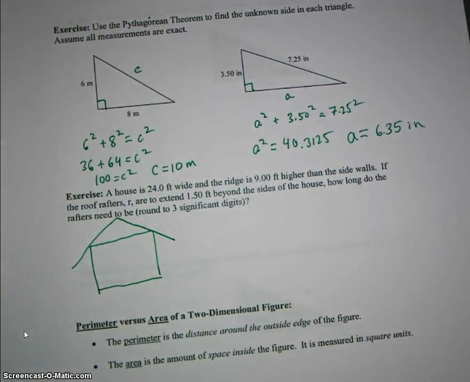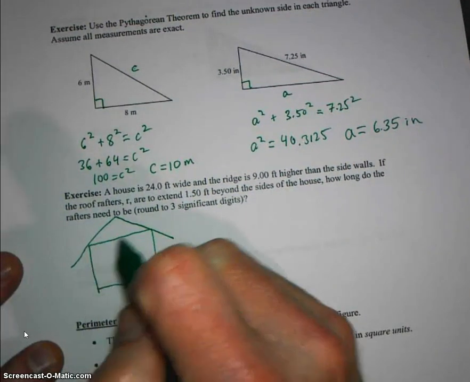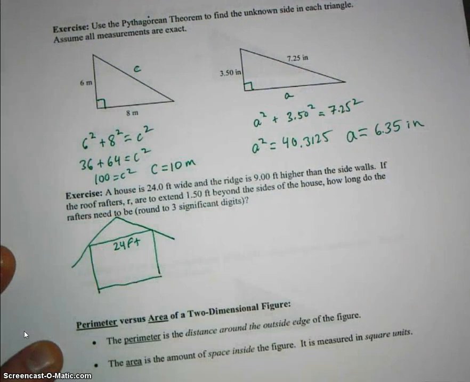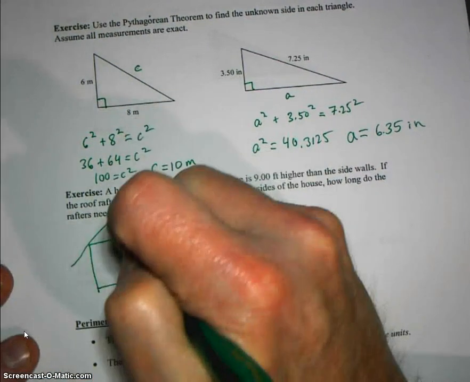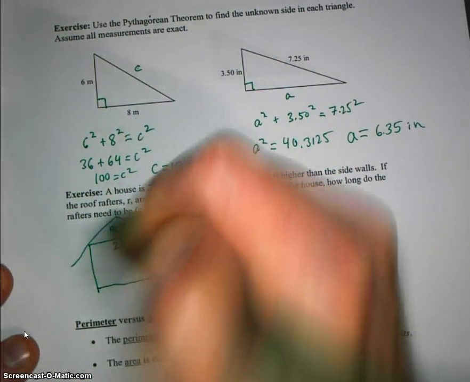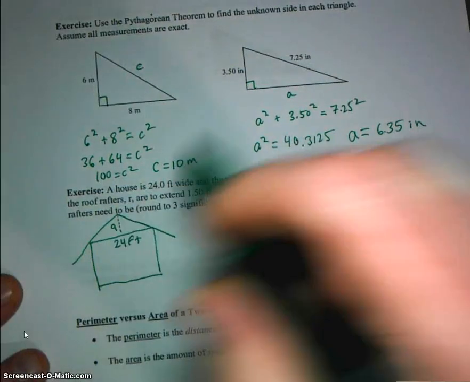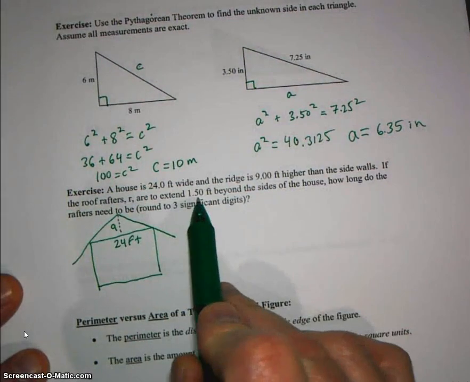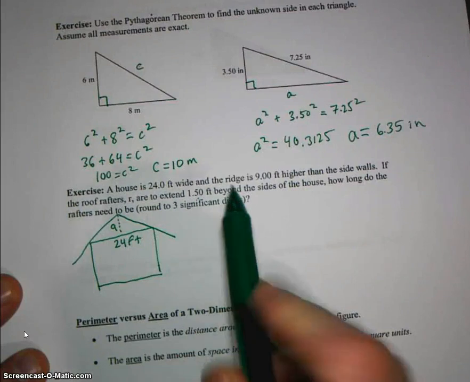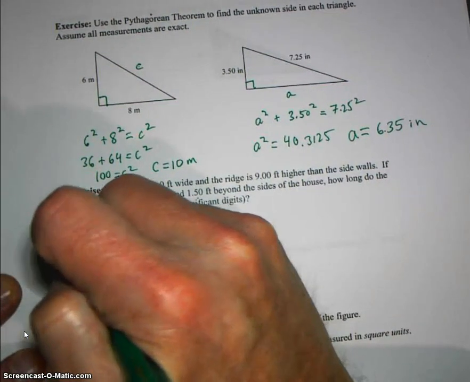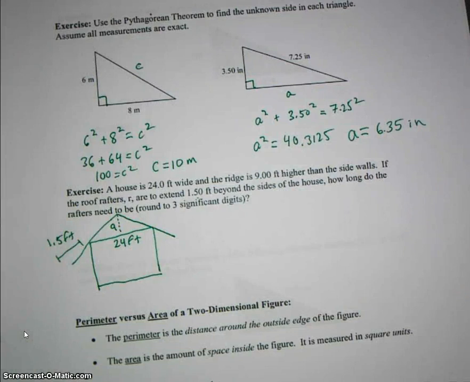So what they're talking about here is this house is 24 feet wide, and the ridge is 9 feet higher. So they're telling you that is 9. And they're telling you that these have to extend 1.5 feet beyond the side of the house. So this distance here is 1.5 feet.